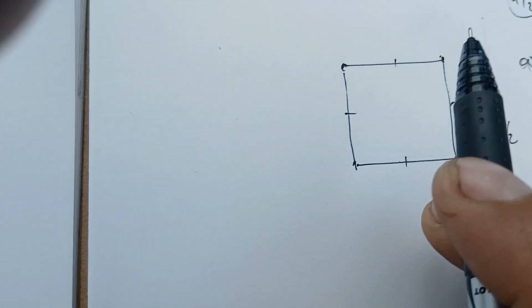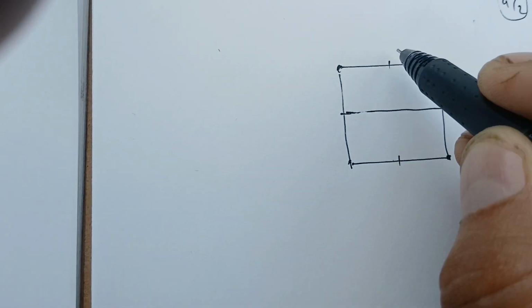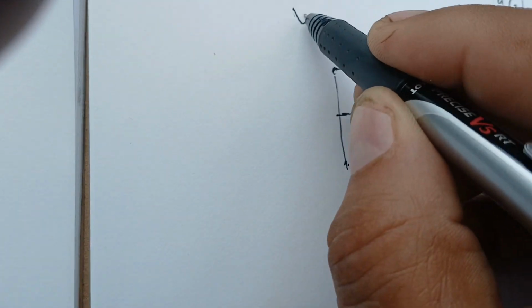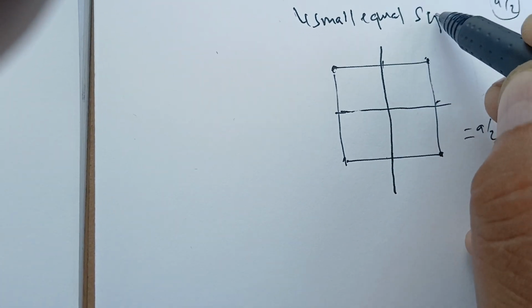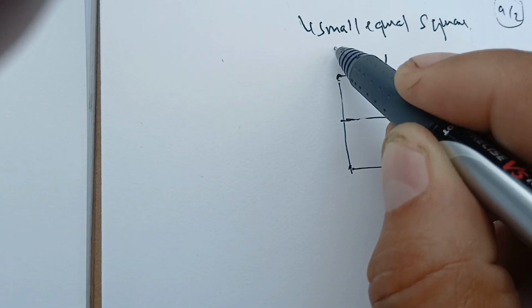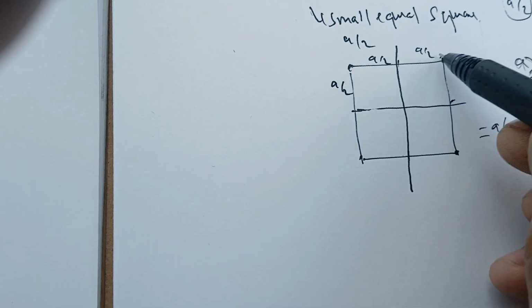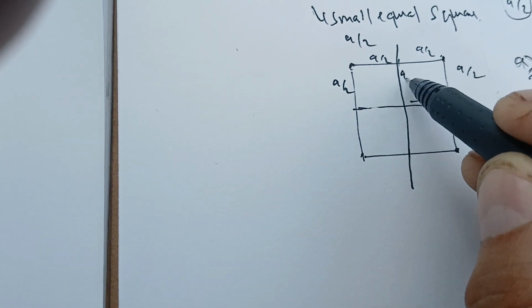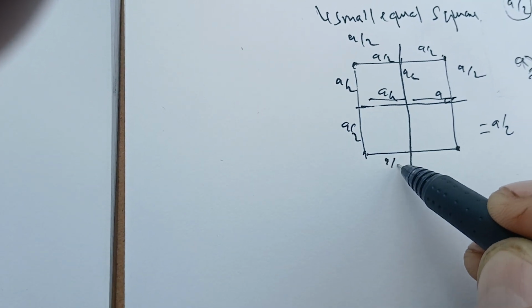But in general, to solve this problem, I'm going to split my square into 4 small equal squares having side length A over 2. So this is A over 2, this is A over 2, this is A over 2, and so on everywhere. So it's a square.